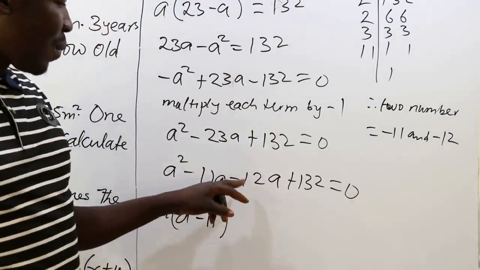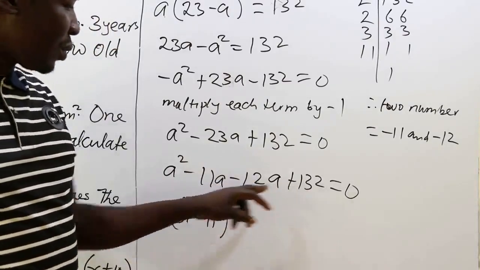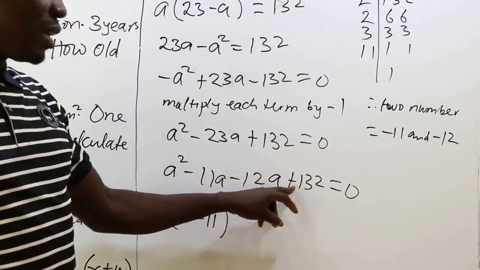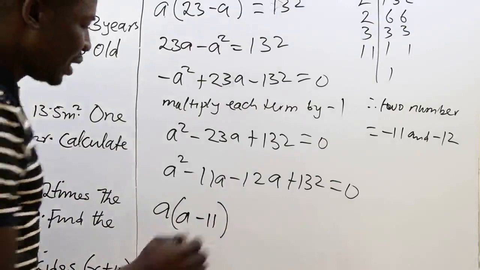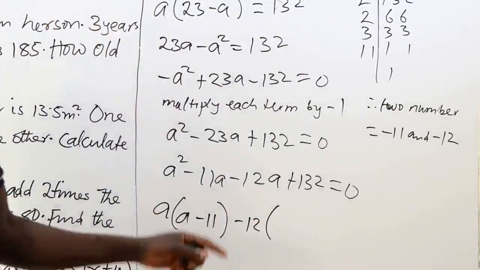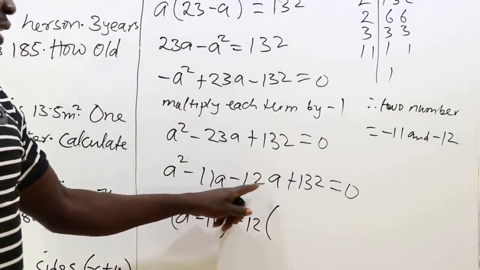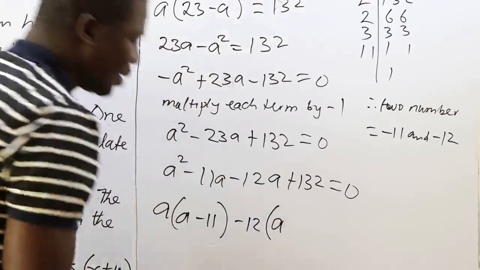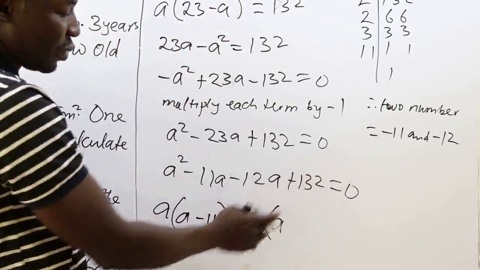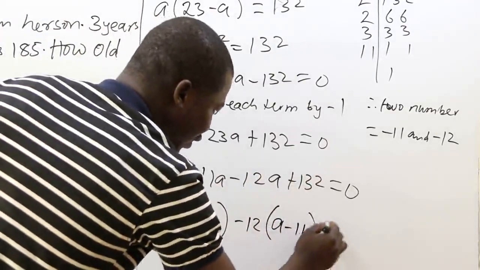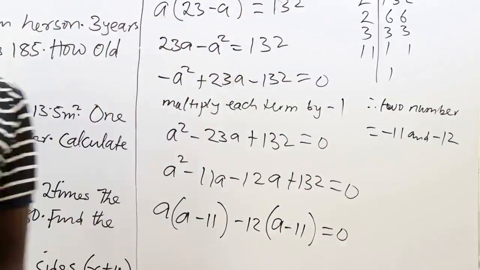Coming to this one, what is common? In minus 12a plus 132, it is minus 12. Open the bracket. Minus 12a divided by minus 12, we are going to have our a. And 132 divided by minus 12 will give us minus 11, equals 0.